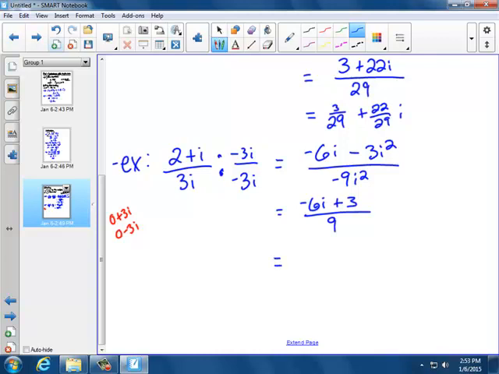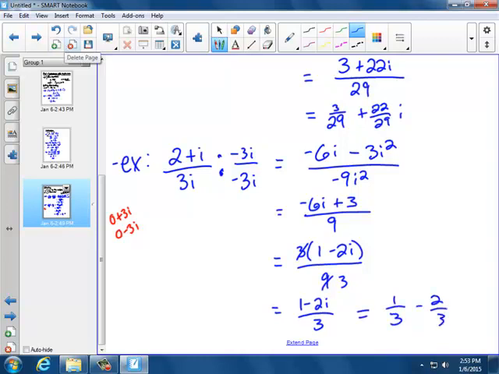My top, the order's wrong, but it looks like I can also factor out a 3 and maybe cancel. So I'm going to factor out a 3. Then this is going to be 1 minus 2i over 9. So the 9 and 3 reduce. 1 minus 2i over 3, which is the same as 1/3 minus 2/3 i.